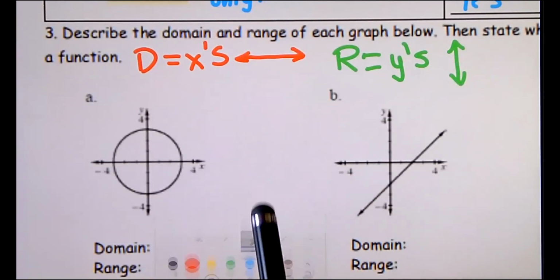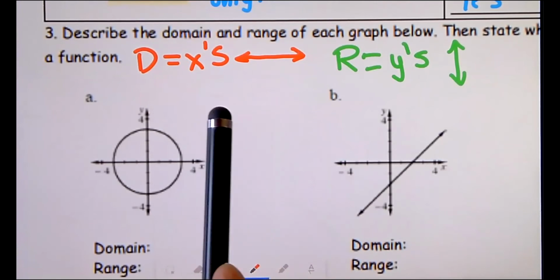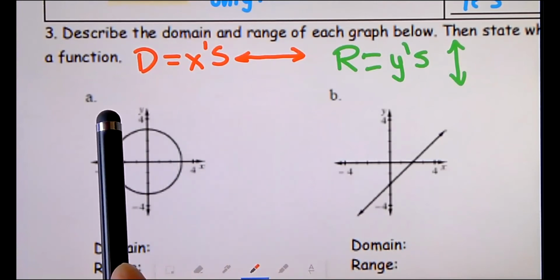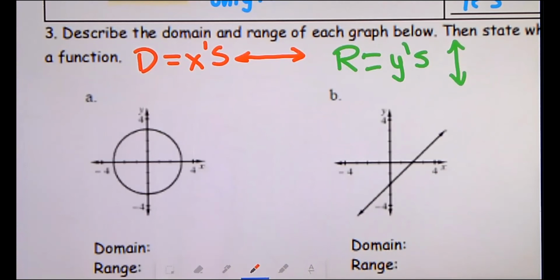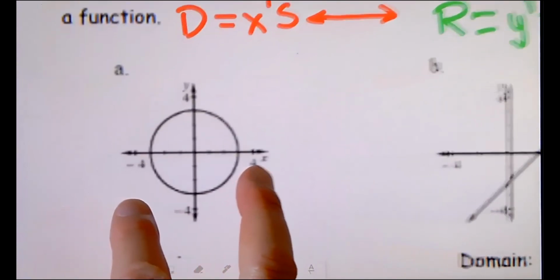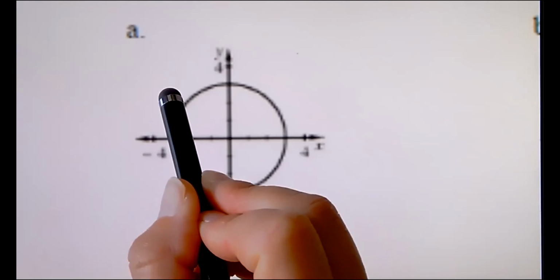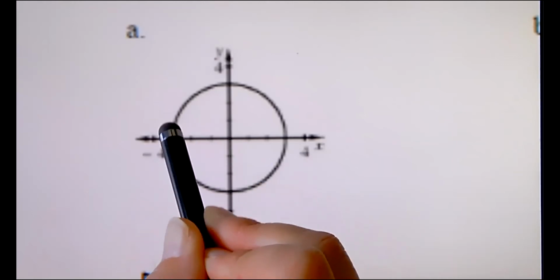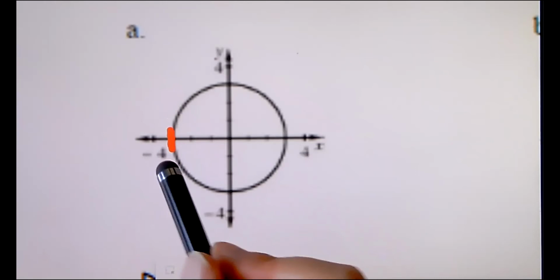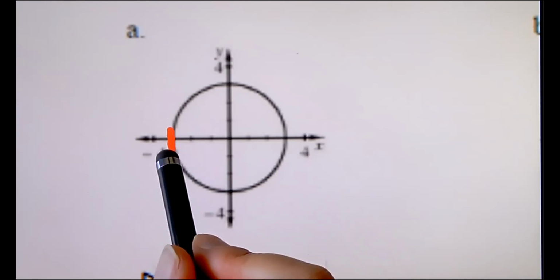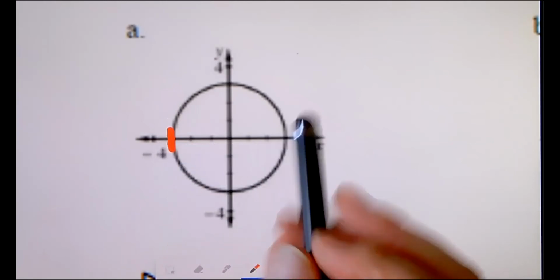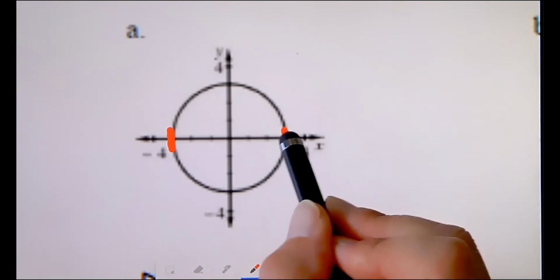So I'm going to kind of color code here with my pen. If I'm looking at my domain, I'm looking across the graph, furthest to the left, furthest to the right. I'm going to zoom in a little bit more. I know the graph's not that great, but we can see at least where I am. The furthest to the left it goes is here, and that's -3. The furthest to the right the graph goes is right here.